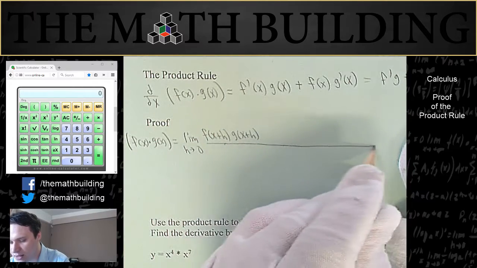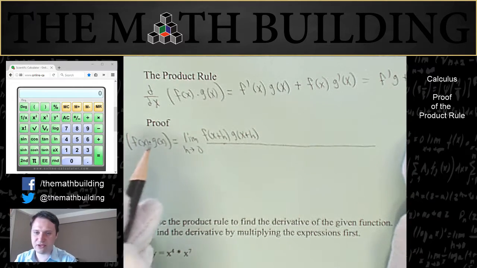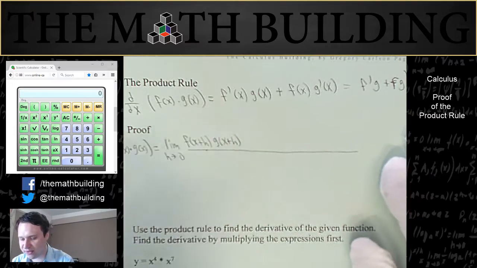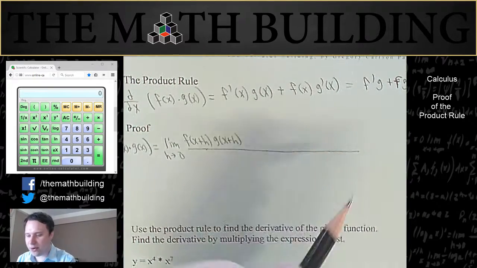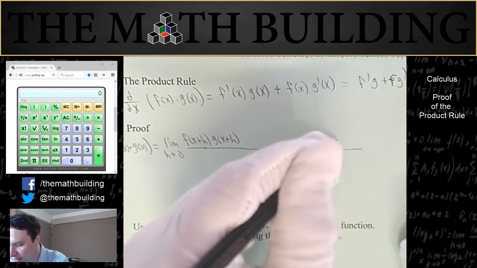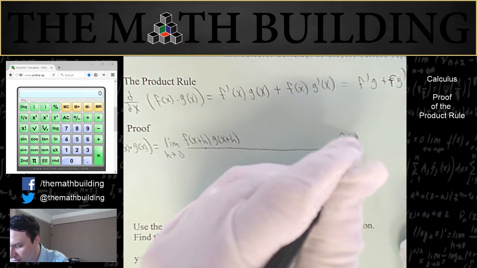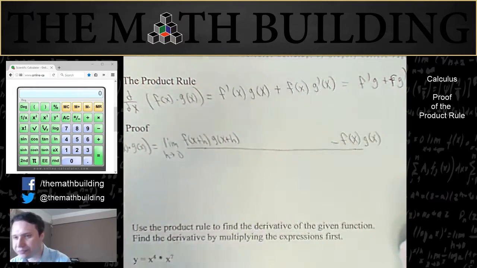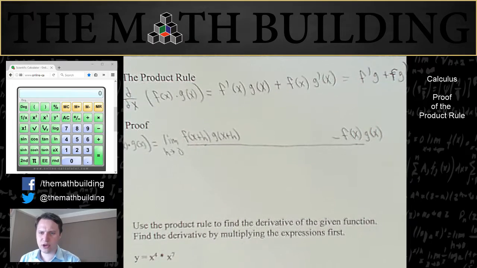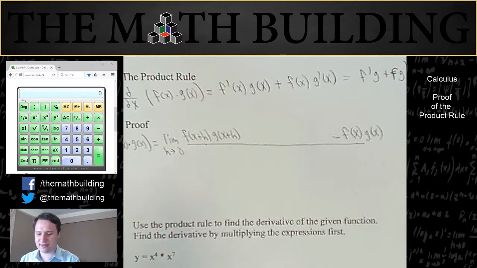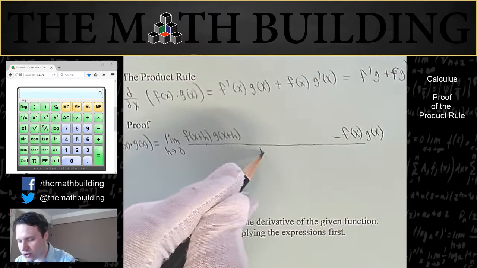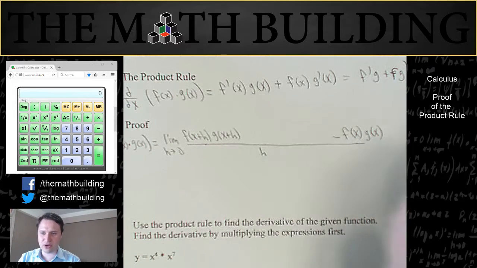Because I'm taking the derivative of all of this. Now I'm going to leave a giant gap right here, and you'll see why in a second. And then we subtract f of x, g of x. Okay, so far so good. I've got my limit, and this is all over h. So that's the definition of the derivative of this.